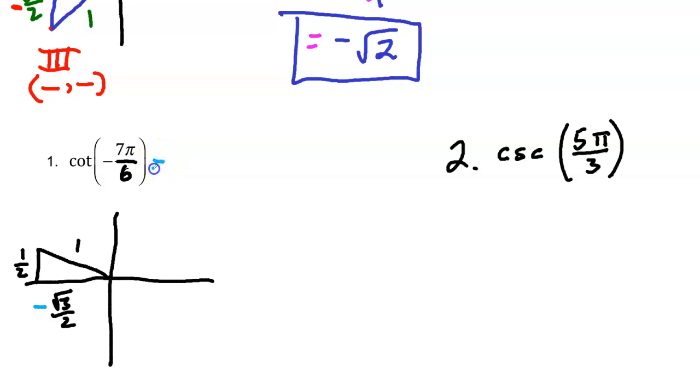So we look at this. We have all 3 sides written down. Let's remember what cotangent is. It's run over rise, adjacent over opposite. Okay. So adjacent to this angle is negative root 3 over 2. And opposite this angle is just 1/2.